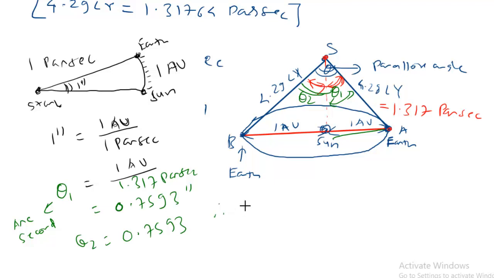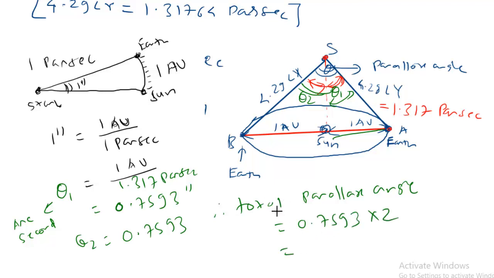So the total parallax angle will be equal to the sum of these two angles, that is 0.7593 multiplied by 2, which is approximately 1.518 arc second.